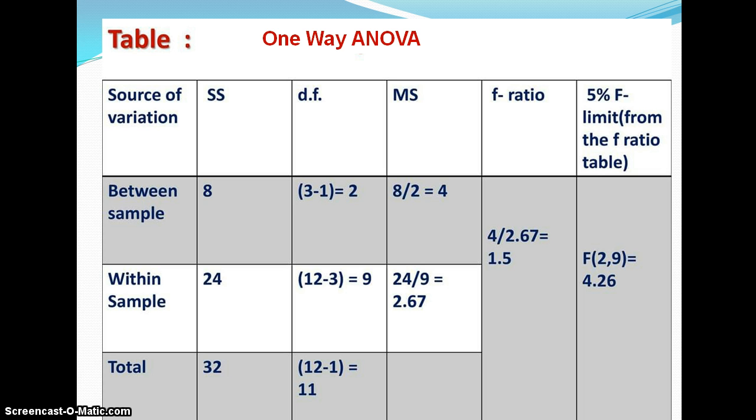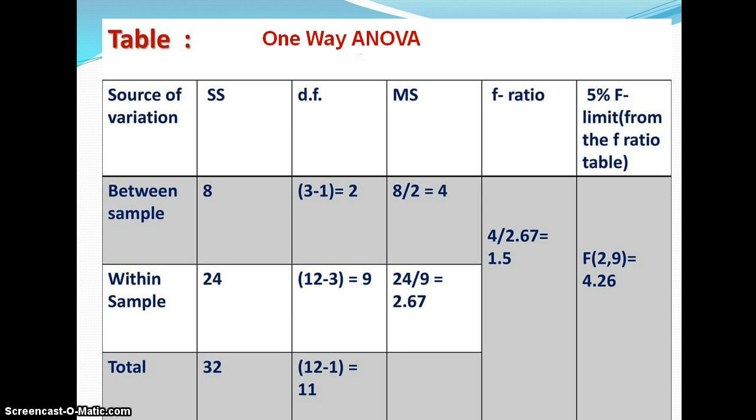So we come to mean square. Mean square between the sample: 8 divided by degree of freedom 2 becomes 4. Within the sample, SS is already calculated as 24, divided by degree of freedom 9, that is 24 divided by 9, means 2.67. So we come to F ratio. How to calculate F ratio?